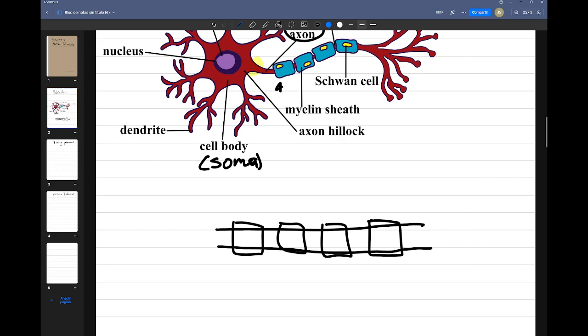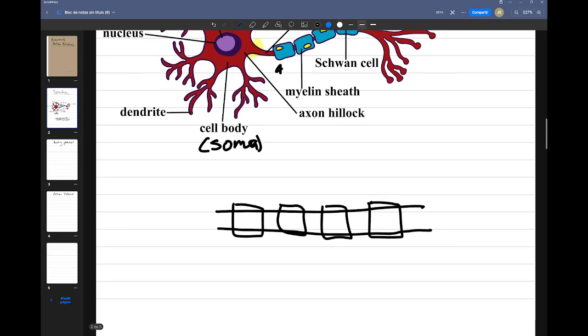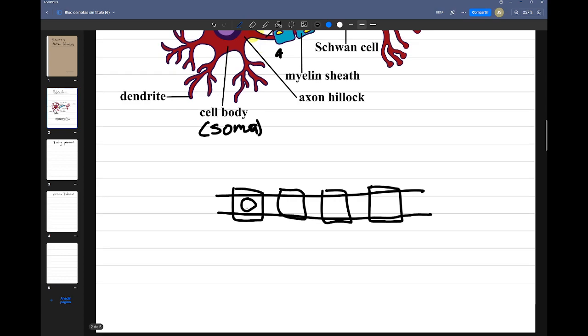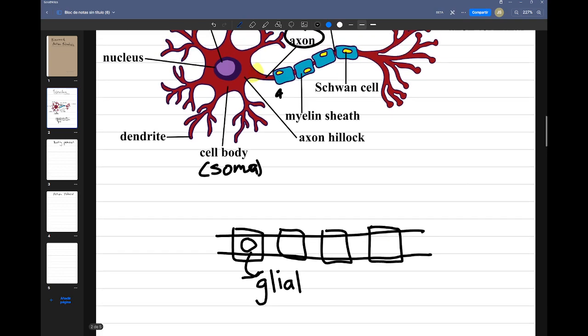Within the myelin sheath now, we tend to have types of glial cells. So these are glial cells. The Schwann cells are a type of glial cell, as we can see here, the Schwann cell.